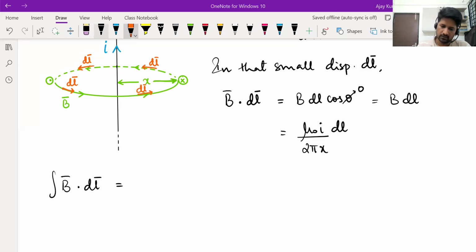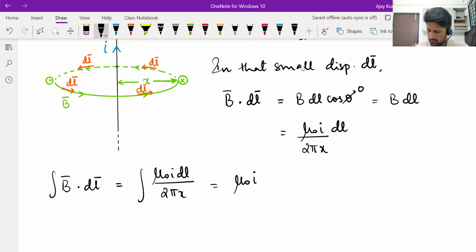So if you integrate this, you'll effectively be integrating mu naught I dl divided by 2 pi x. Mu naught I 2 pi x are all constants. X is the radius of the circular loop along which we are moving. We have fixed that radius, so it's a constant. It doesn't change from element to element.